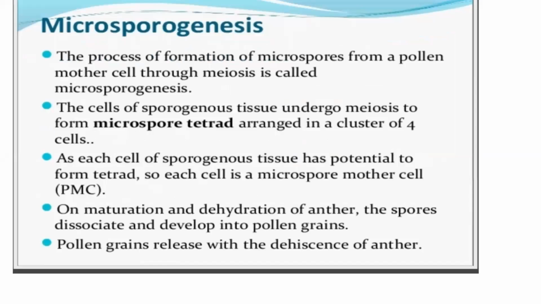So today the topic is microsporogenesis, or male gametophyte, or microgametophyte. Generally the microspore mother cell undergoes meiotic division, or before that, the development of the male gametophyte. It is remarkably uniform in all angiosperm plants.